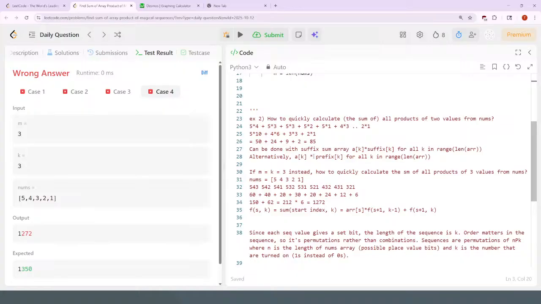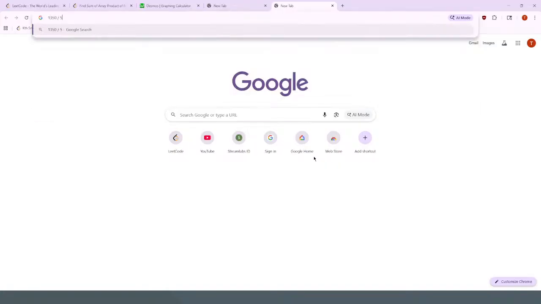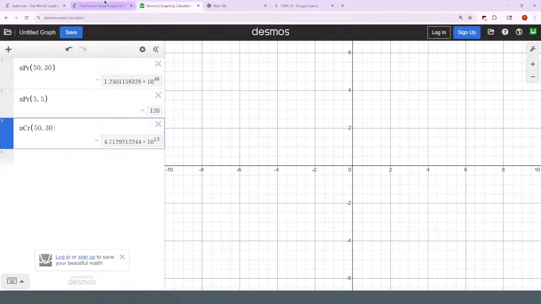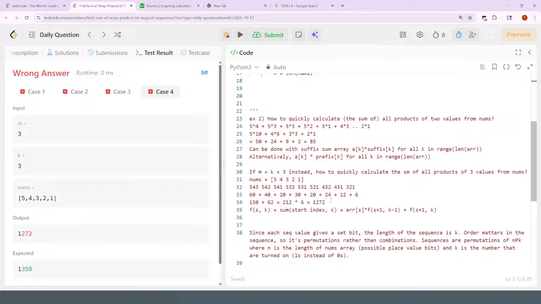Not off by much: 1350 over 6 is 225. So I'm missing like 13. Missing 13 is an unusual number to miss by, unless I just added wrong.